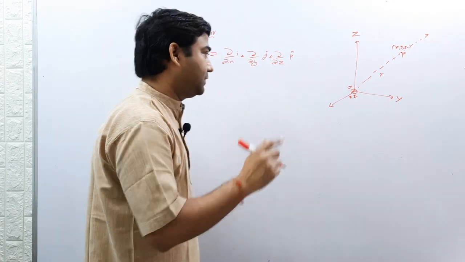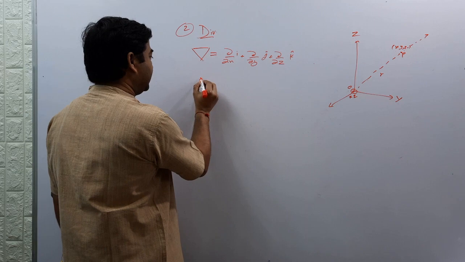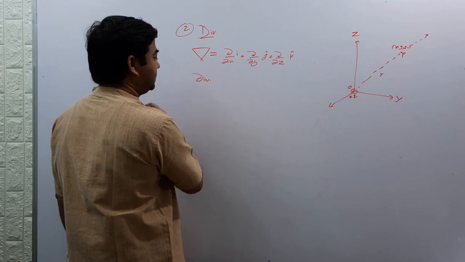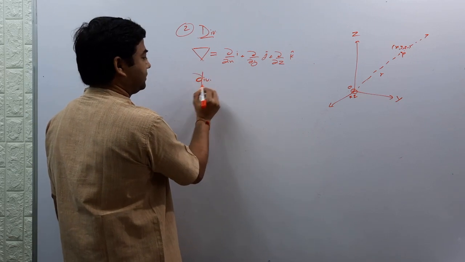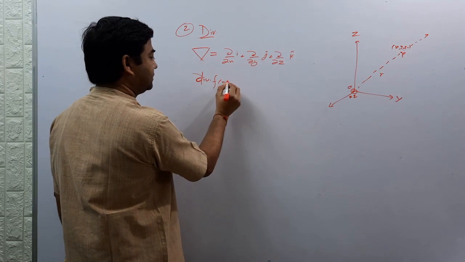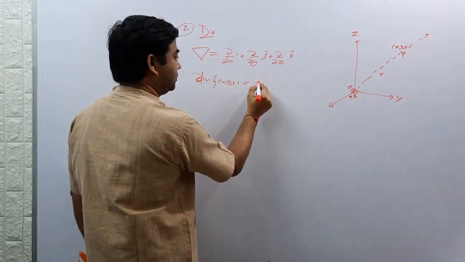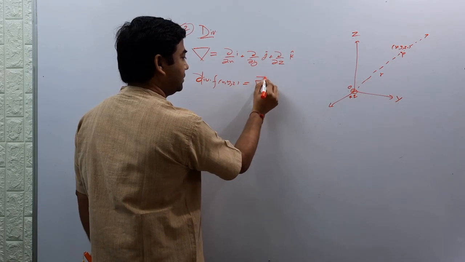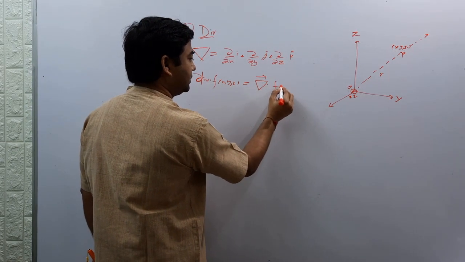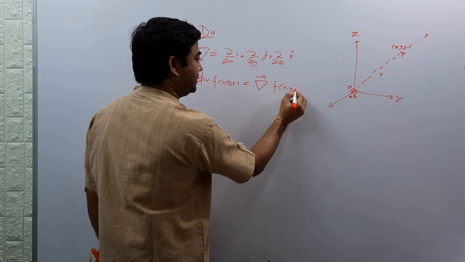Divergence is found for a vector function. So divergence is written like this, of a function F(x, y, z). This is a vector function, is equal to del dot F(x, y, z).